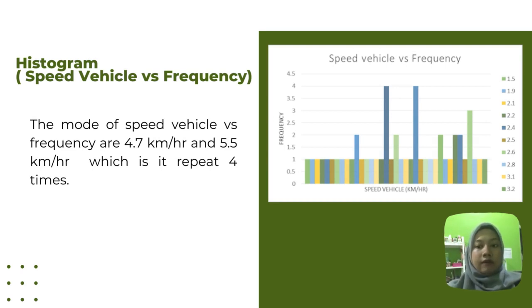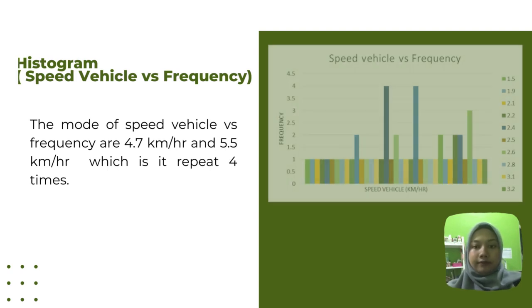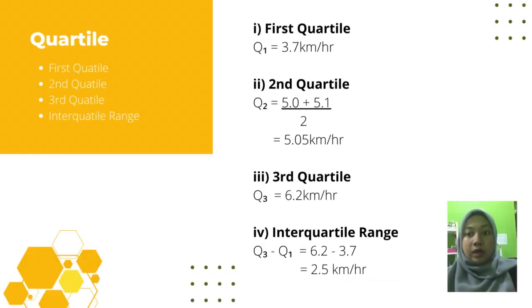The highest frequency is 2, at 4.7 km per hour and 5.5 km per hour. As we have to find the quartiles, we have 4 types: first quartile, second quartile, third quartile, and interquartile range. The first quartile is 3.7 km per hour.